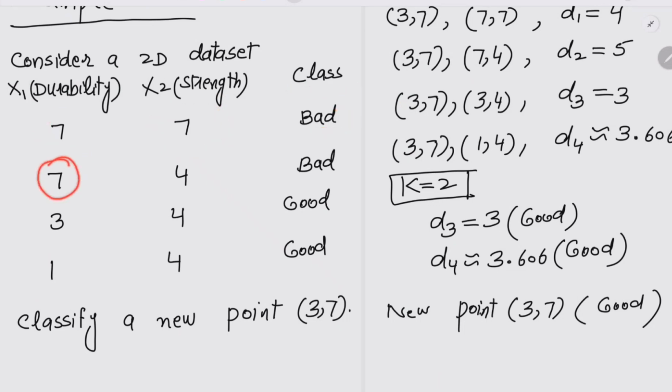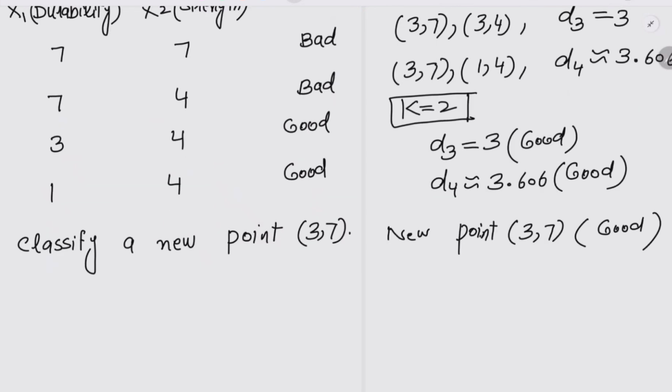If the durability is 7 and strength is 4, the class is bad. This is the label. Similarly, if the durability is 3 and strength is 4, then the class is good. And 1 4 is also good. So this is the data set that will be given to you.